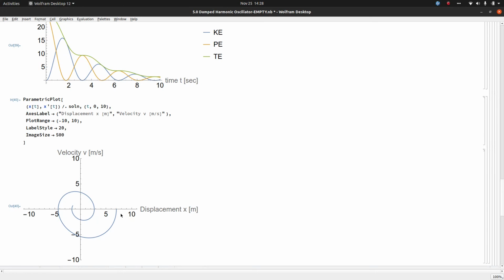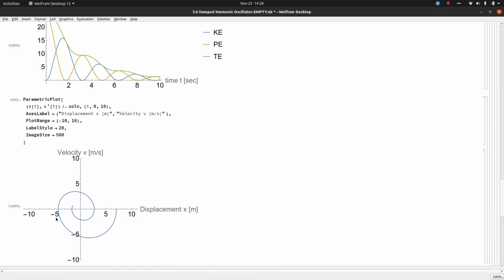So you can see what's going on here. We start off at no velocity at this point right here, and with a displacement of x equals 7. And then we start to get some negative velocity, so we go into the negative half, the bottom half of the chart. So we get negative velocity here. As we get more negative velocity, x gets smaller and smaller and smaller.